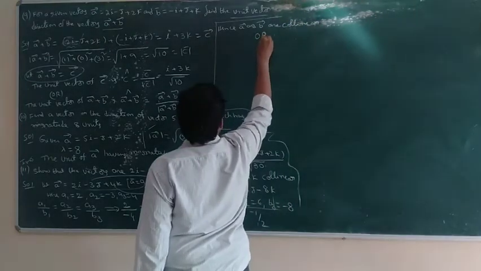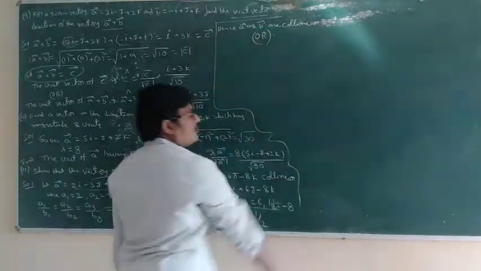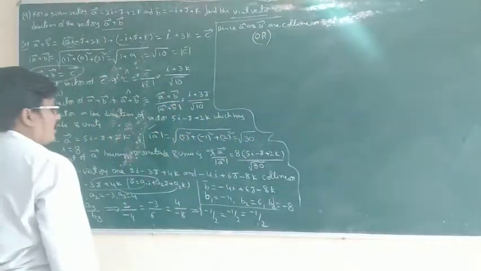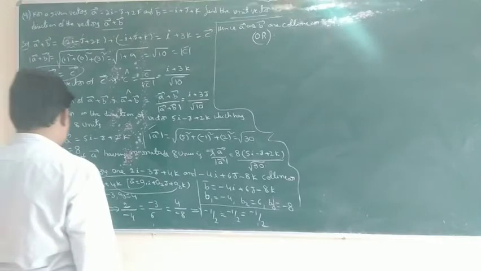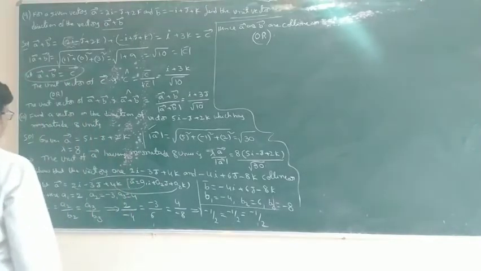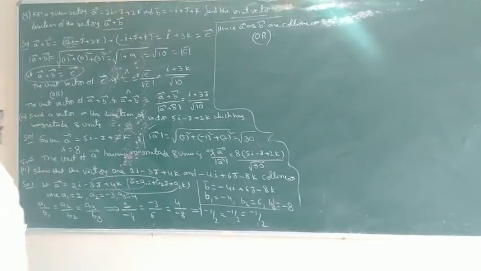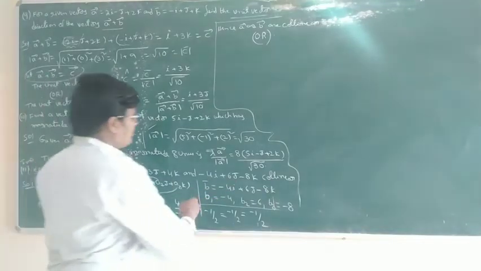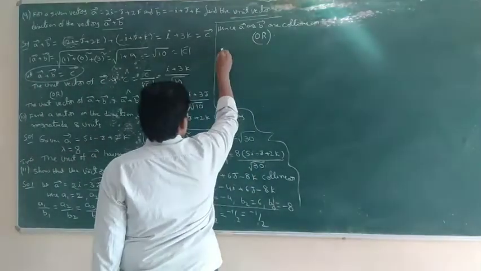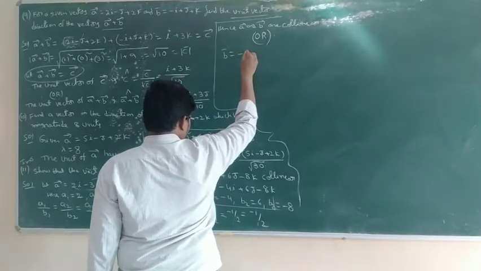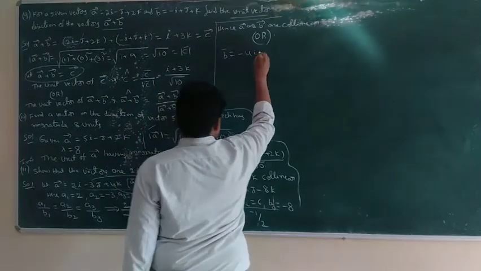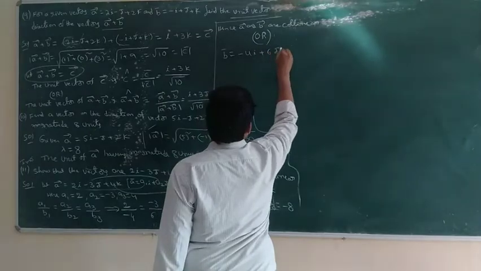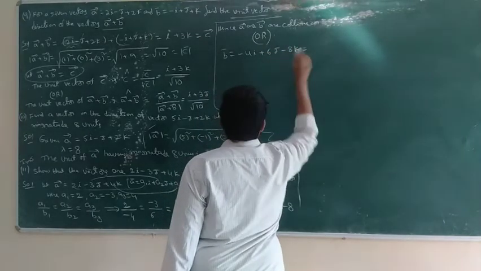Another procedure for collinear, parallel. For example, between a bar and b bar, which one is the biggest? This is 2, 3, 4, here 4, 6, 8. So this is the biggest one: b bar is equal to minus 4i plus 6j minus 8k.